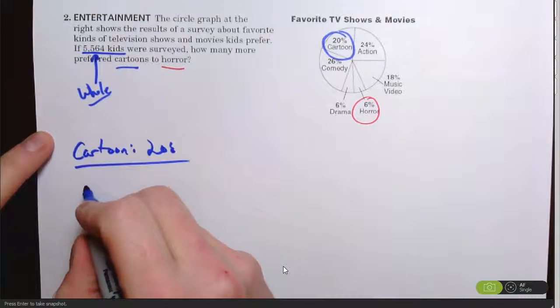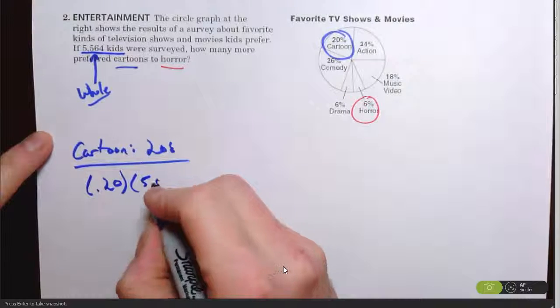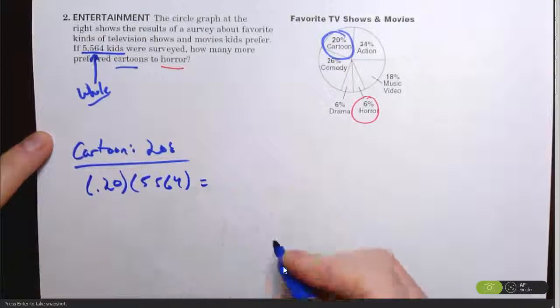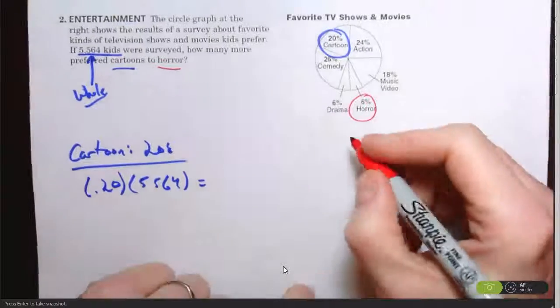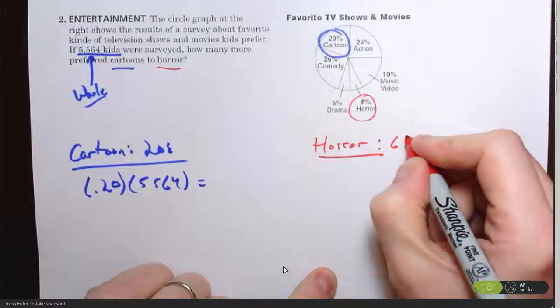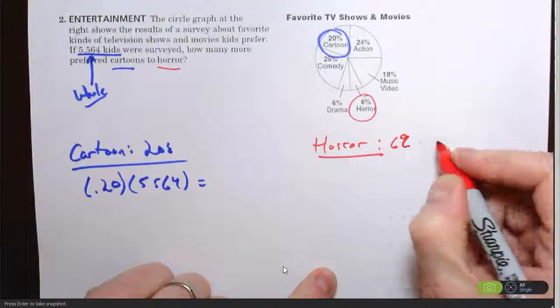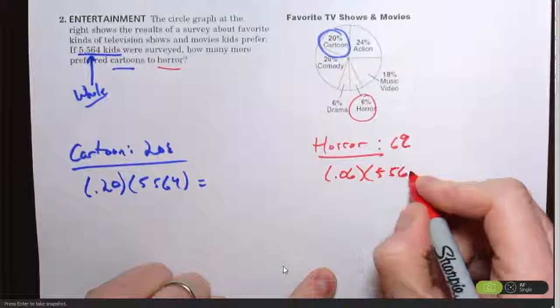So 20% is 0.20 times 5,564. And then horror is 6%. So 0.06 times 5,564.